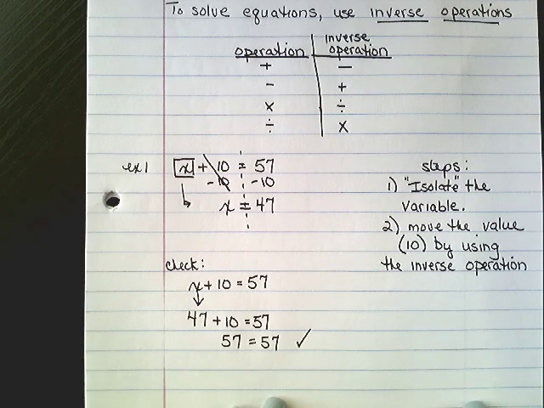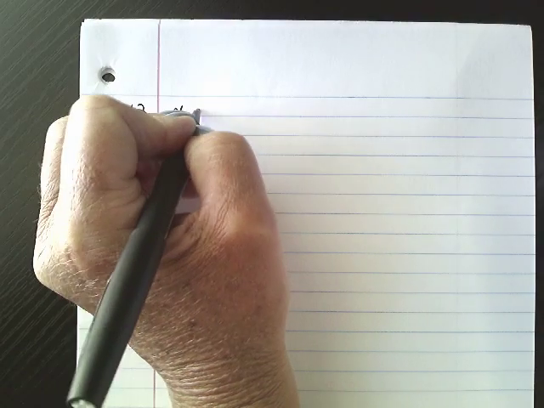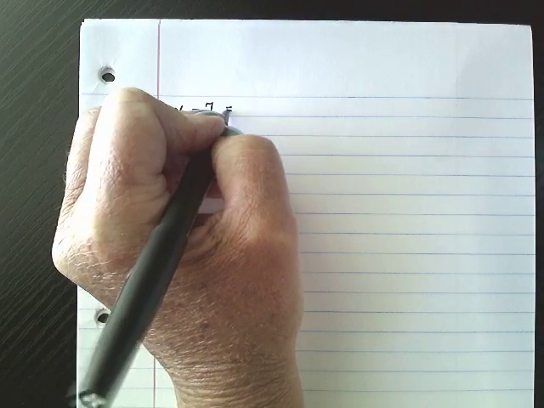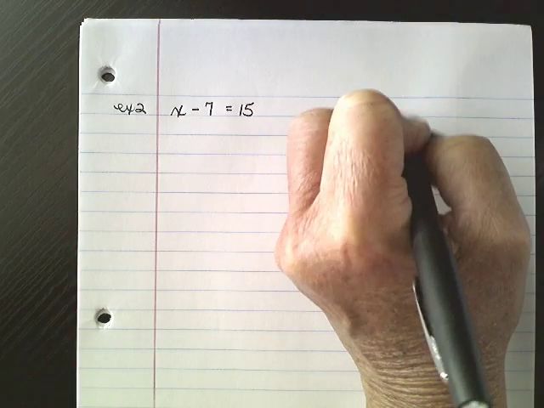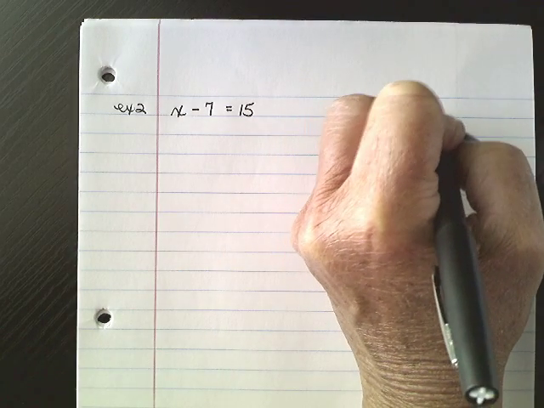All right, let's do number 2. I have 4 examples, one of each type. All right, so example 2. We have x minus 7 equals 15. So step 1 is the same. Isolate the variable.